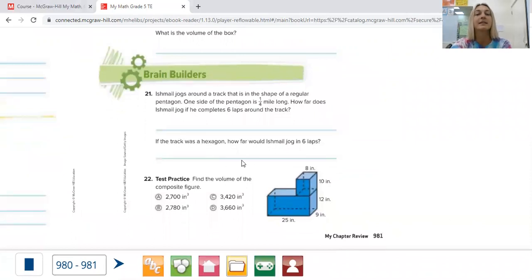If the track was a hexagon, how far would Ishmael jog in 6 laps? Hexagon, 6 sides. Pentagon, 5. Now find the volume of the composite figure. This is exactly what we did on Thursday. You have the 2 3-dimensional shapes, find the volume of each, add it together.